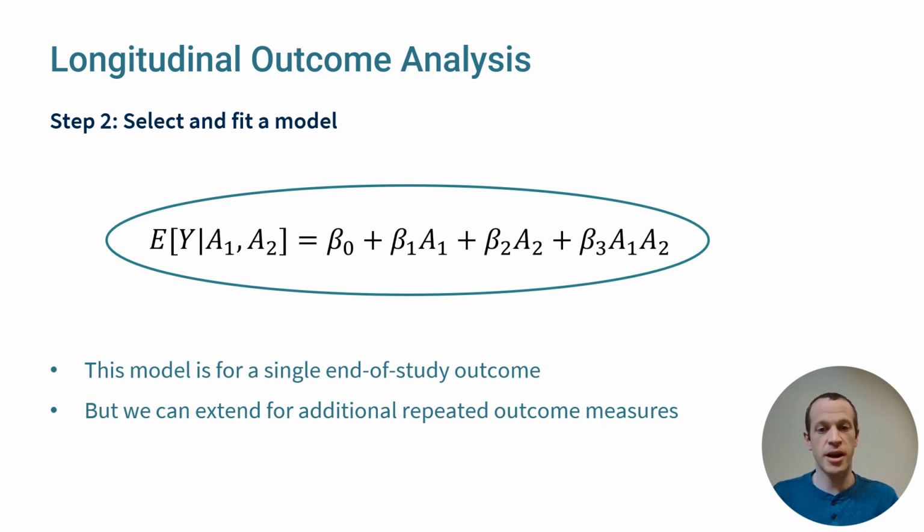Now we're going to talk about the model. The model does get a little bit more challenging. Previously, we fit a model that had this structure here. We've got the intercept, main effects, and an interaction. We could do something similar with repeated outcome measures. We just have to be a little bit more thoughtful.